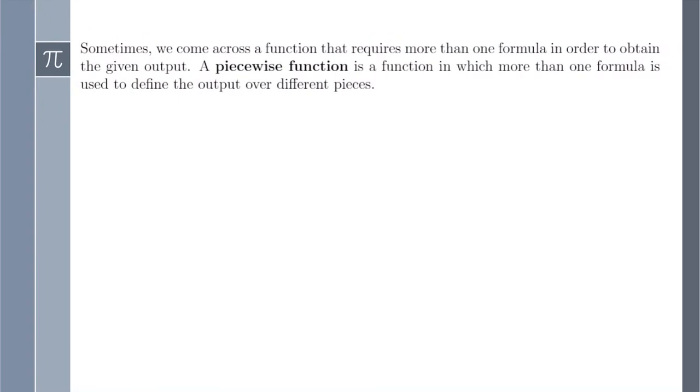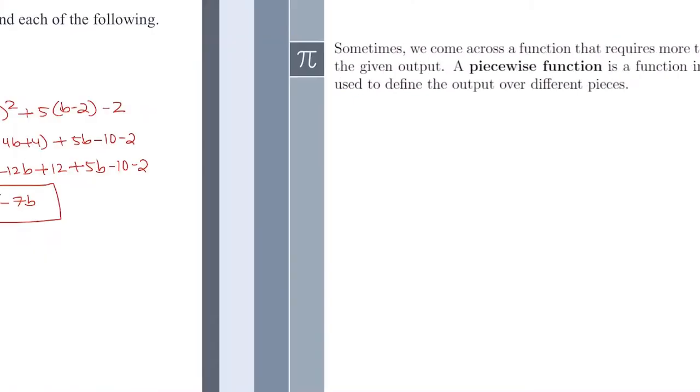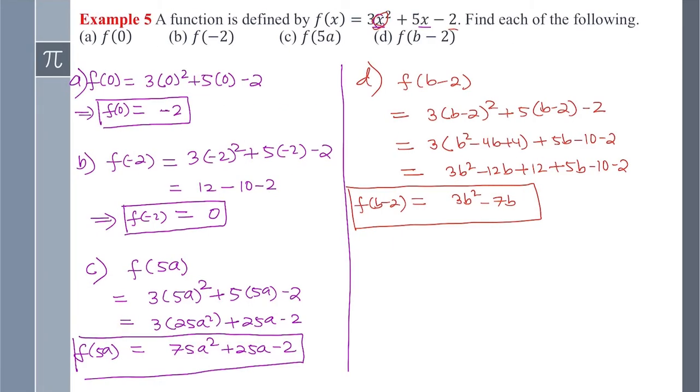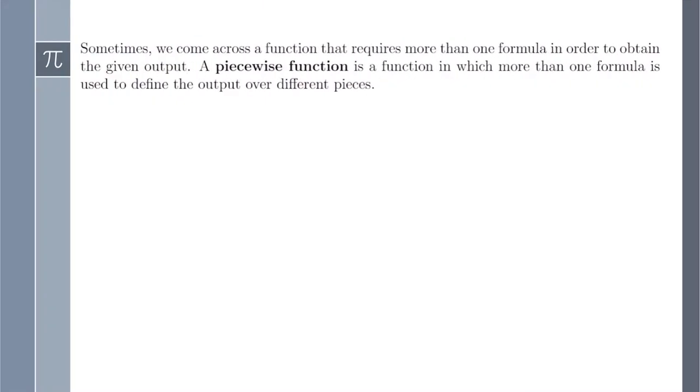Now the next thing we are going to look at is a piecewise function. Here we have a formula for the function, but sometimes we need more than one formula to represent a function. If we have that, then that's what a piecewise function means.